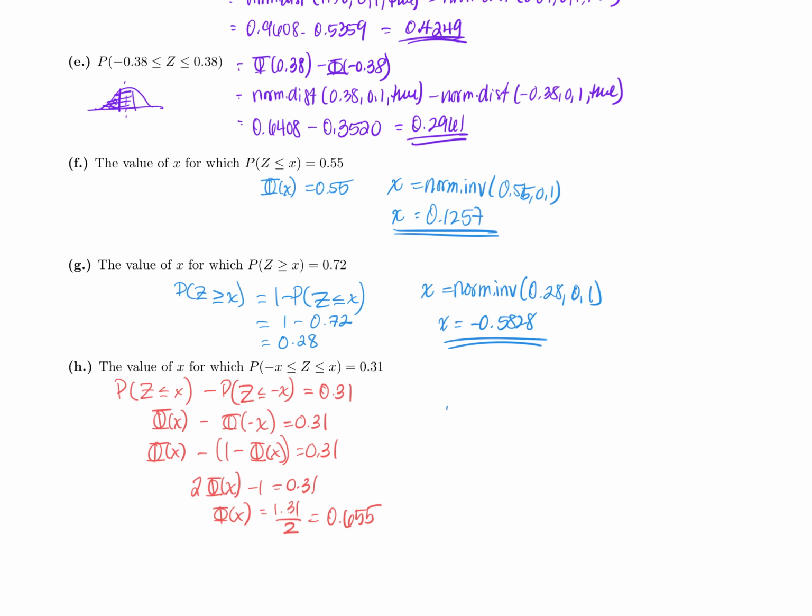So when we want to find x, then x is now going to be the norm.inv of this 0.655 centered at 0, standard deviation of 1, and we end up with x being 0.3989.